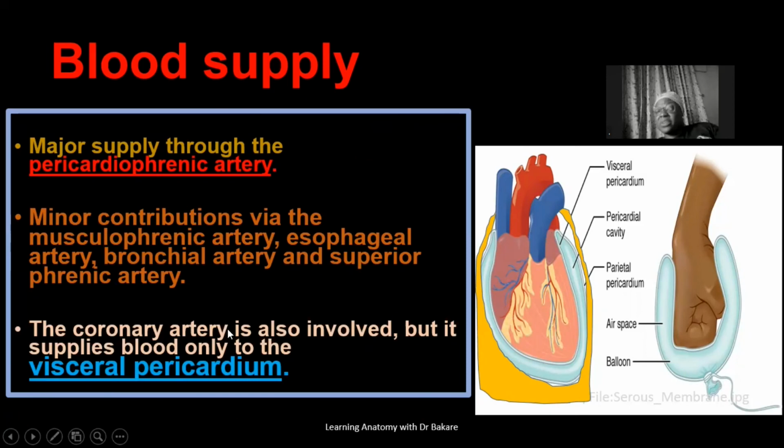So branches from the coronary artery also supply a region of the pericardium, and the specific region is the visceral pericardium. We know that the visceral pericardium is a layer of the pericardium that is closely related or attached to the heart. So after feeding the heart tissue with oxygen and nutrients, it also gives branches to supply the layer that is close to it, which is the visceral pericardium.